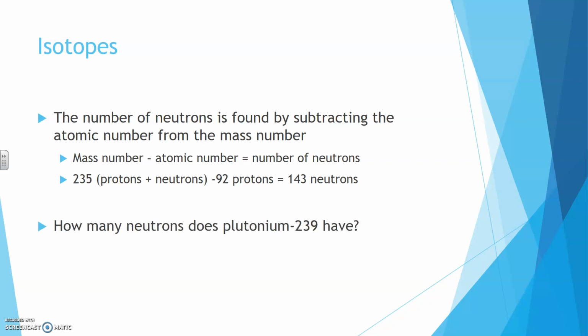So how many neutrons does plutonium-239 have? You might want to pause it here to look up your plutonium and the number of protons plutonium has. Okay, so plutonium has 145 neutrons.